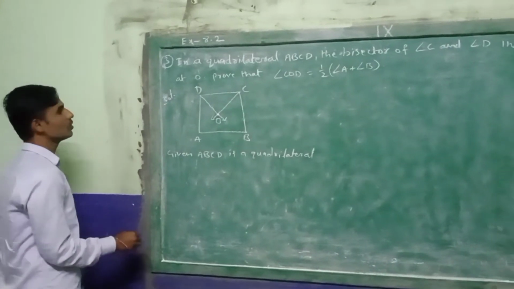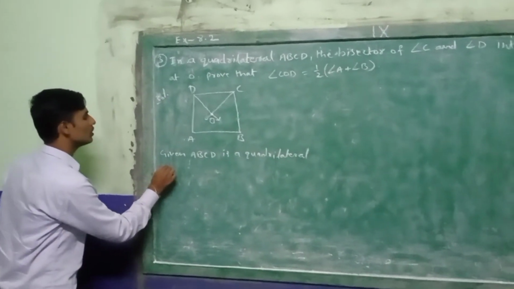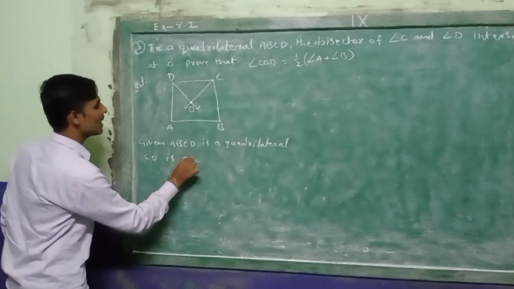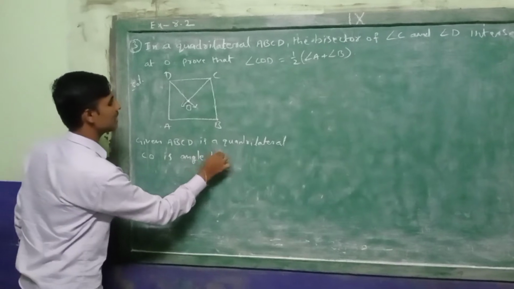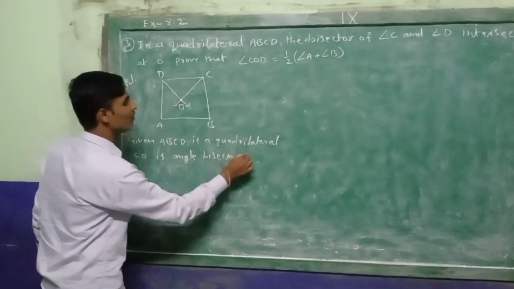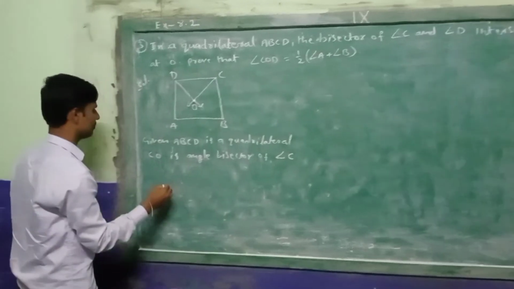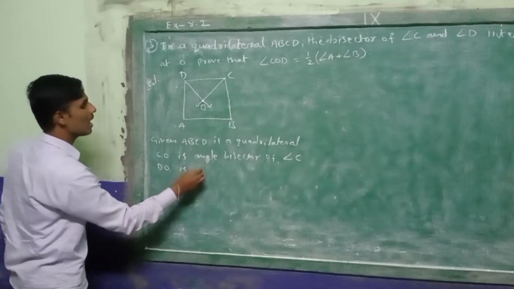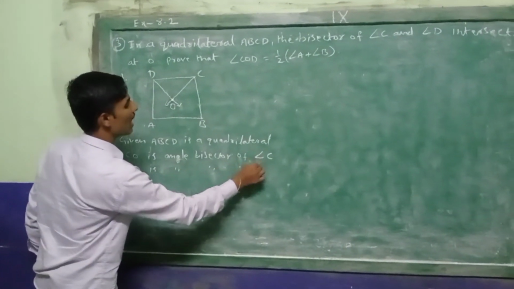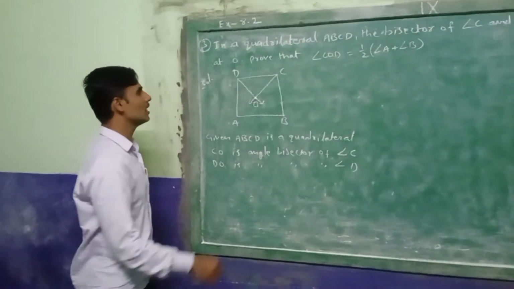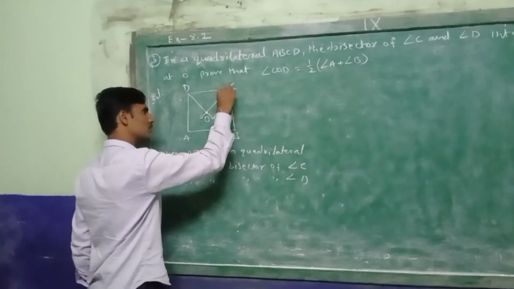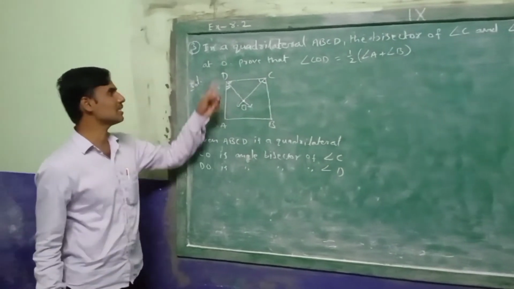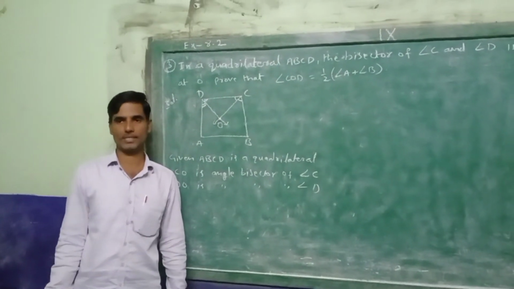CO is the angle bisector of angle C, and DO is the angle bisector of angle D. Bisector means what? Divide into two equal parts. This one equal, and these two equal. Bisectors divide the angle into two equal parts.